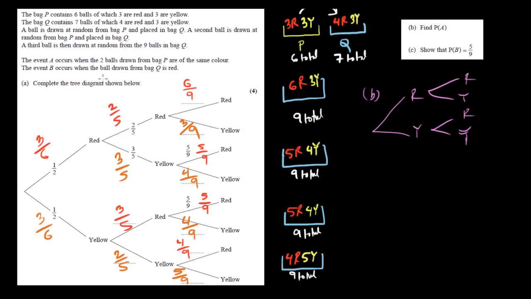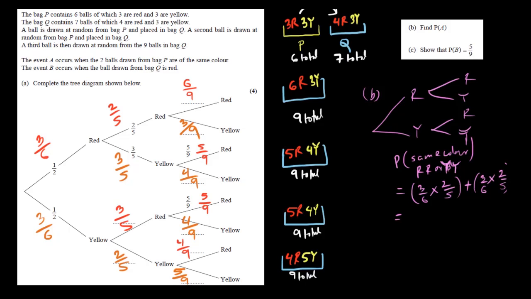So find the probability that they are of the same color. So same color means red, red, or yellow, yellow. So there are 2 permutations, red, red, yellow, yellow. So we can use the tree diagram. So 3 by 6 into 2 by 5, that is red, red, or yellow, yellow is going to be 3 by 6 into 2 by 5.